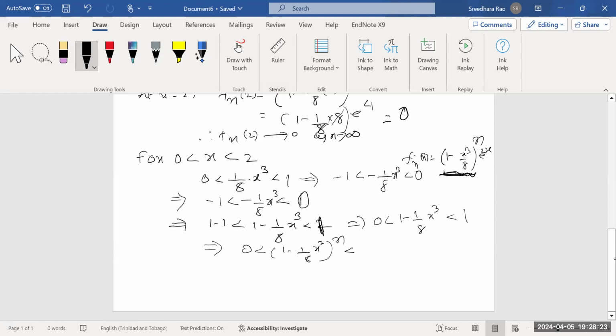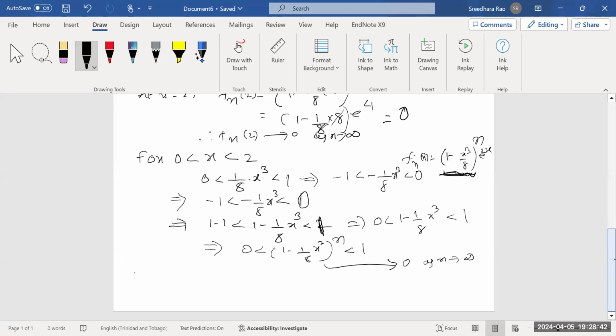Since 1 to the power of n is 1, what is this value? It approaches 0 as n tends to infinity.